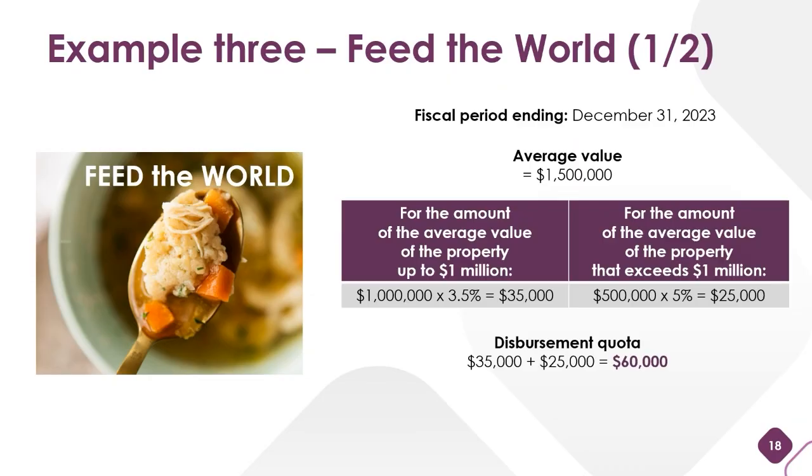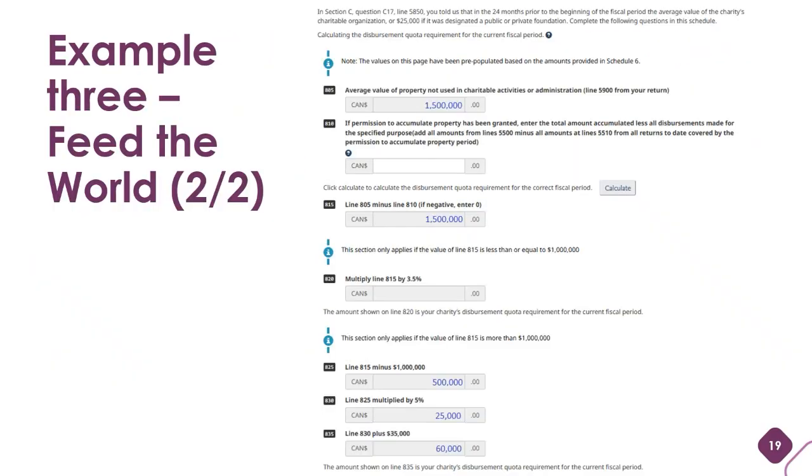Since the average value is over $1 million, they would need to complete lines 825, 830, and 835 of Schedule 8 rather than 820. This will populate the DQ amount on line 840. And again, here is how we would present these amounts in the T3010. Our average value of property would go on line 805 and 815.